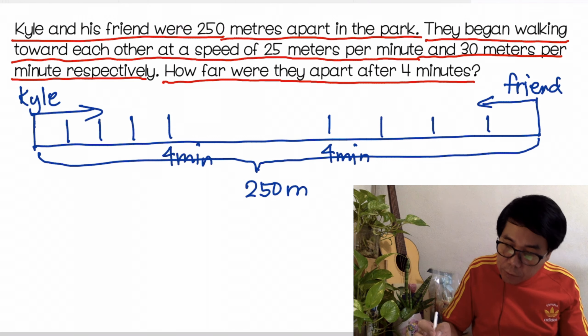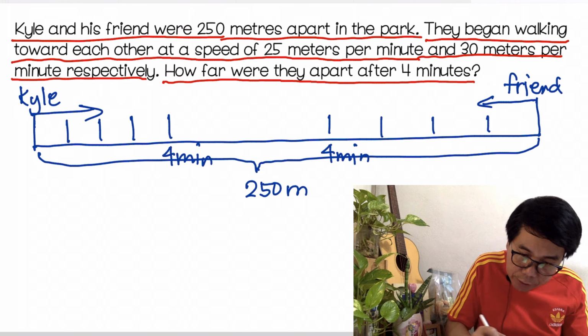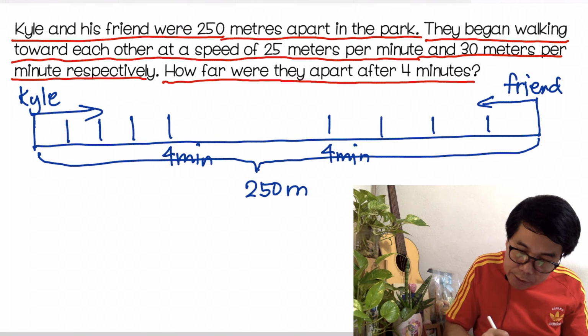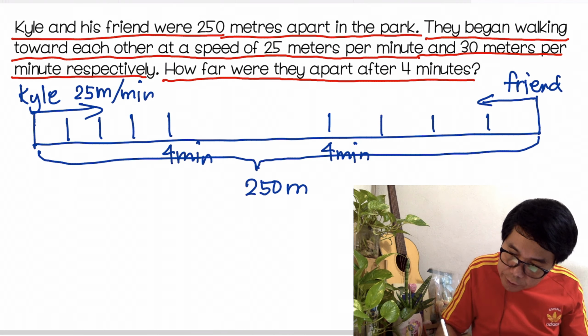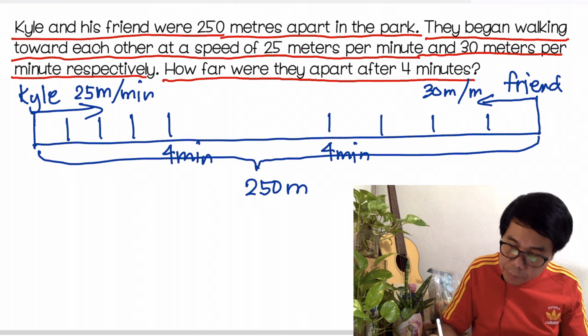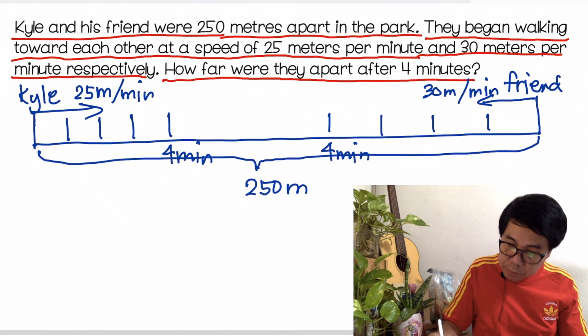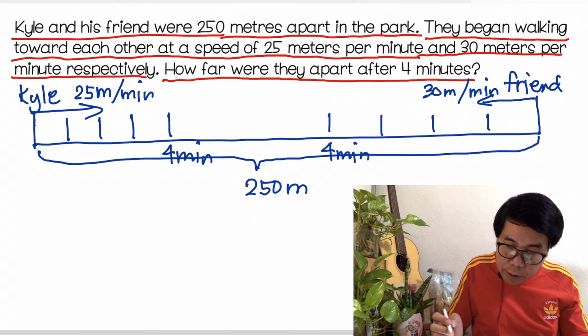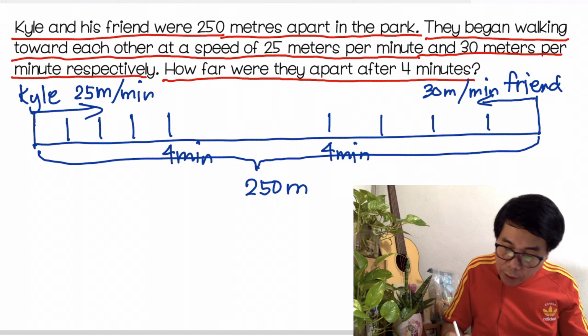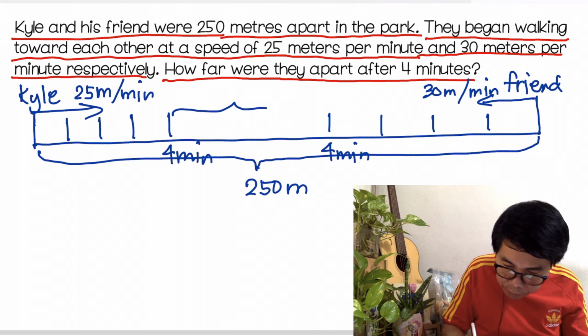Now, for Kyle, the speed is 25 meters per minute. For the friend, it is 30 meters per minute. We're looking for how far were they apart after 4 minutes. This one, we're looking for this.